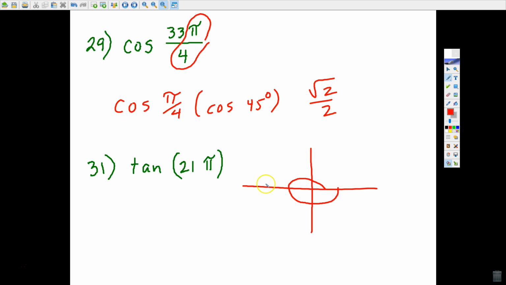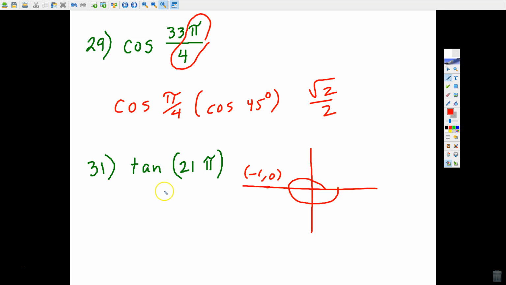Can you see that? If I go around 2, 4, 6, 8, 10, 5 times, and then I do 1 pi, where am I? What ordered pair? I'm at negative 1, 0. Well, we know what cosine is there. What is it? Negative 1. Sine is 0.